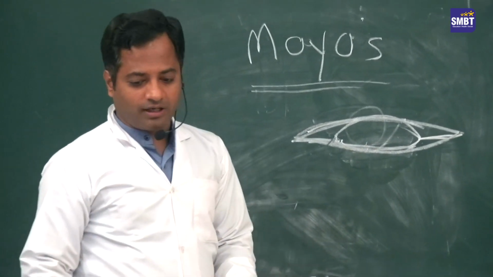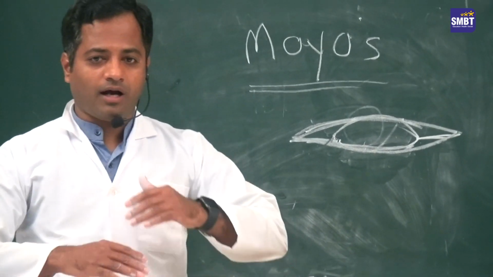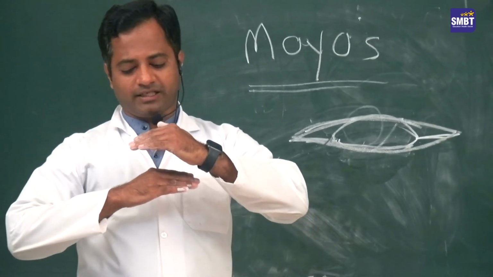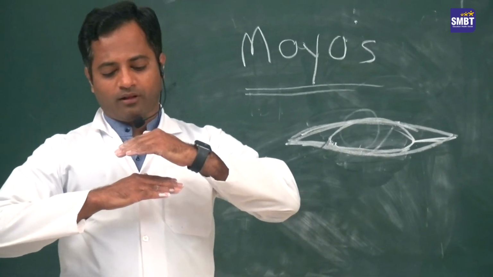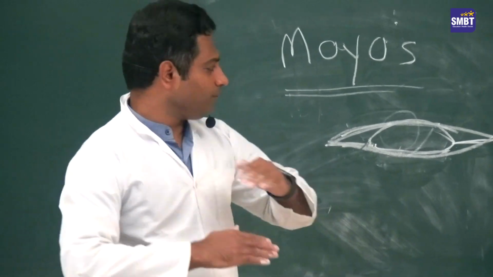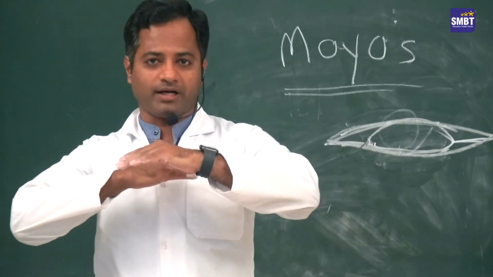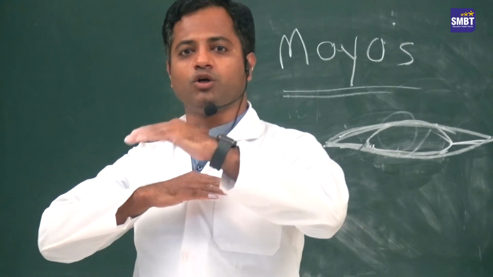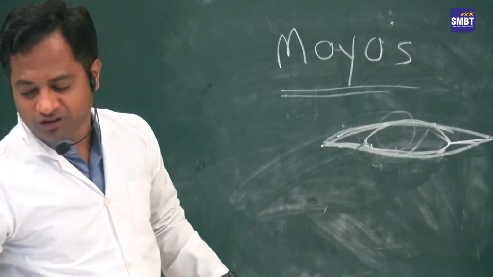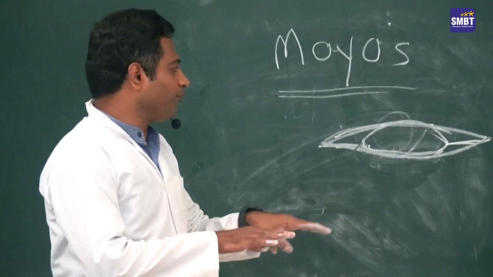So now you should cover this upper lip and lower lip. Suppose this is the defect, upper lip and lower lip. So the lower lip should go below the upper lip and the upper lip should cover the lower lip by 3 to 4 centimeters.